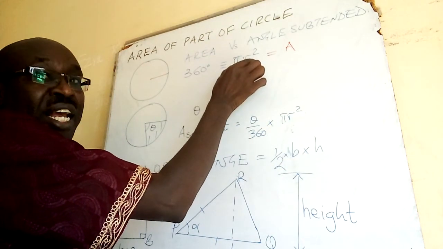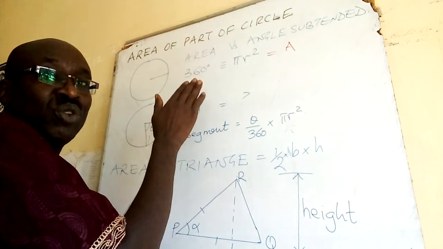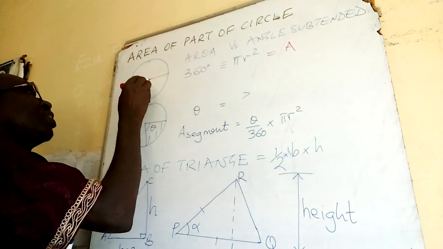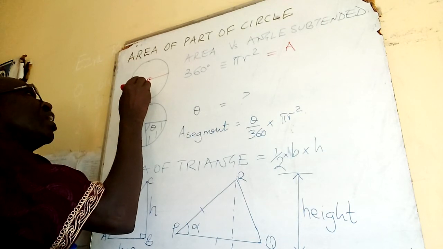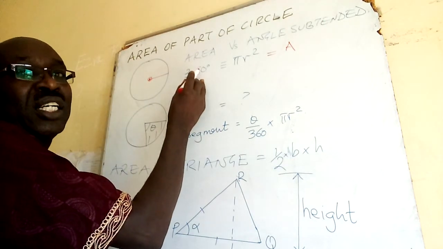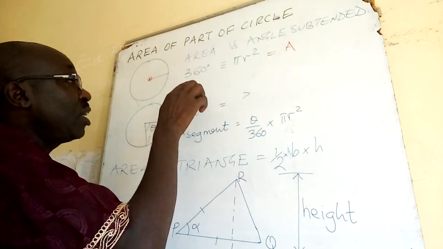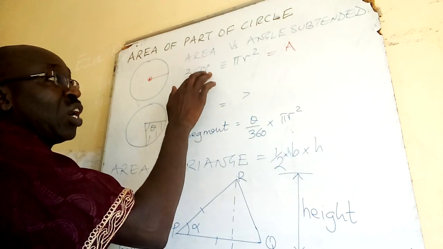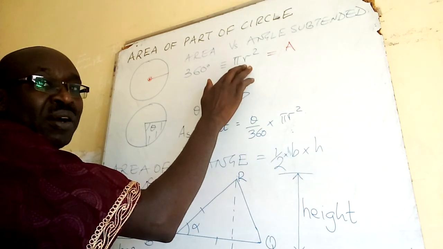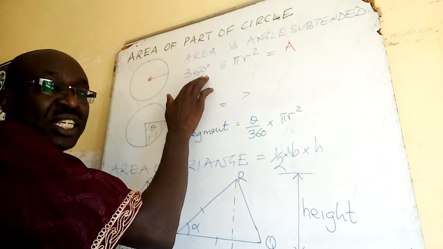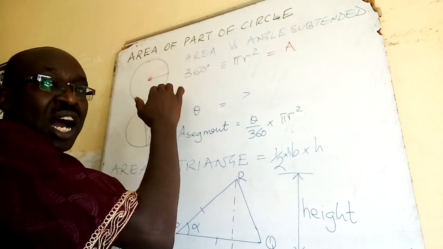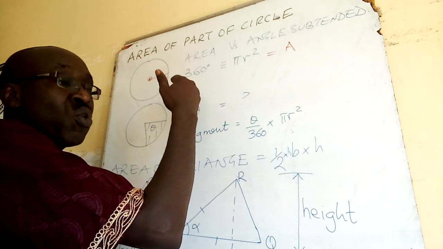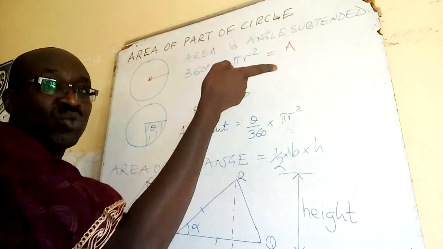Now this area in relation to the angle subtended at the center, the angle that is subtended at the center here is 360. So if I relate the angle and the formula for area, then I can say 360 is the angle at the center of a circle whose area is pi r squared.